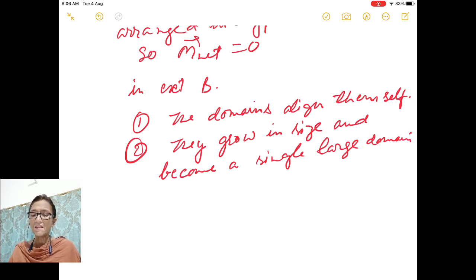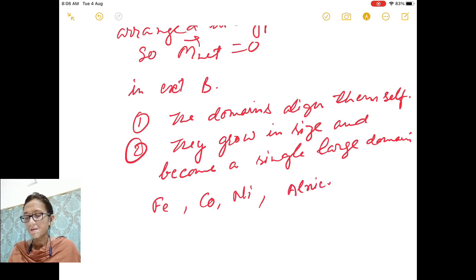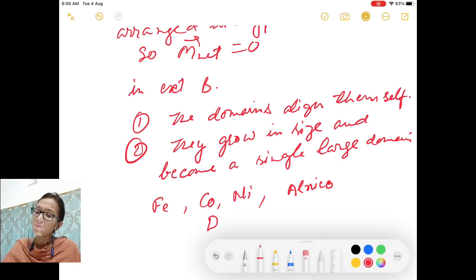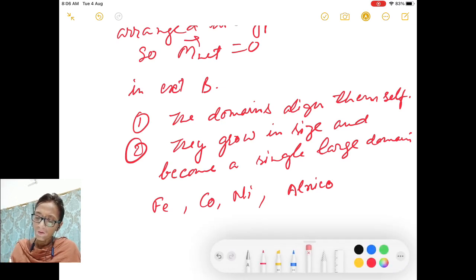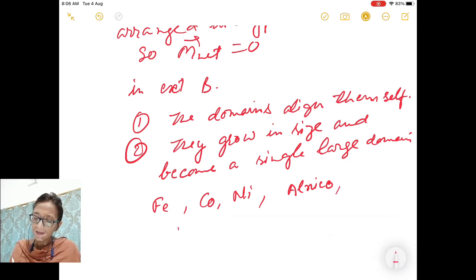Now we have examples of ferromagnetic material like iron, cobalt, nickel, alnico, and gadolinium.